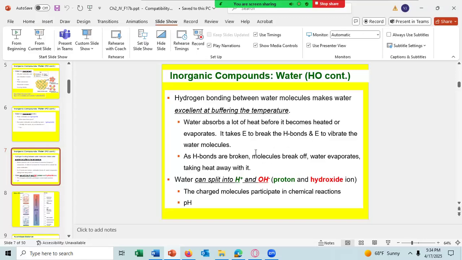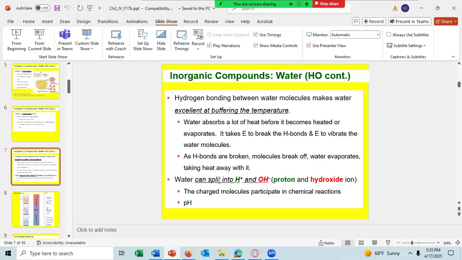All right. So water is excellent at buffering the temperature. Water can also split into hydrogen ions and OH. That's the hydroxide ion. And this is a hydrogen plus one. And the OH is an OH minus one, meaning this is a complete charge, not a partial charge, and that's a complete charge.